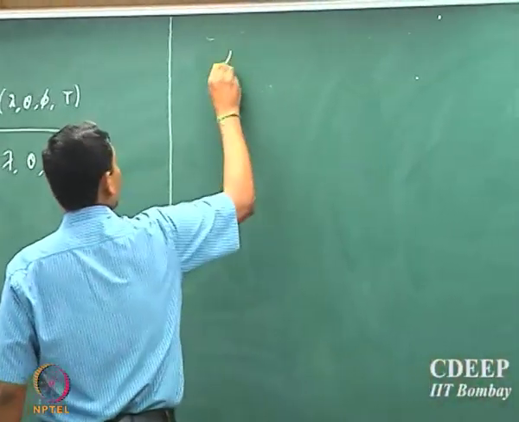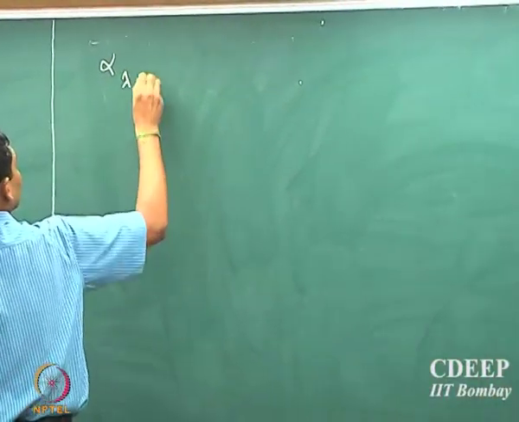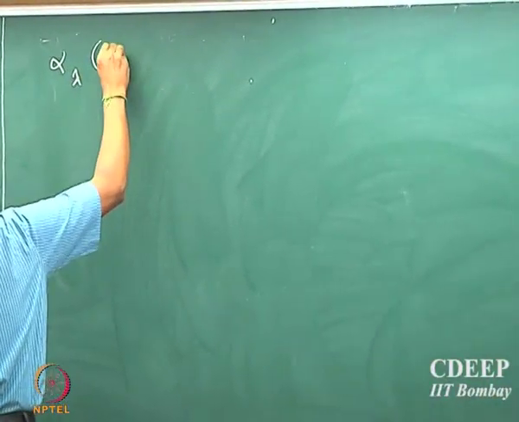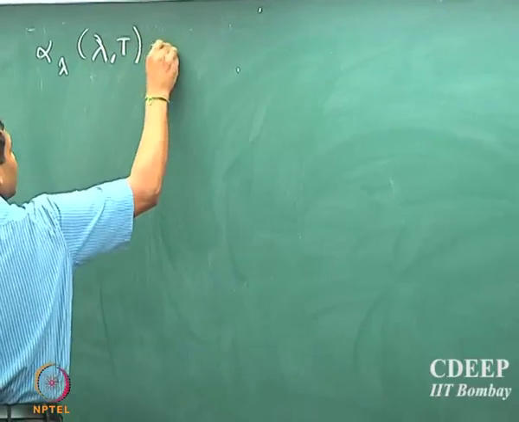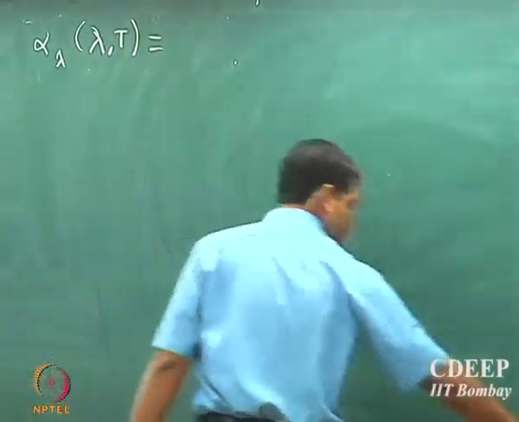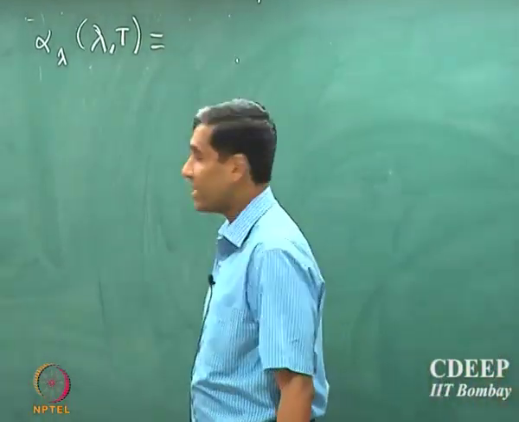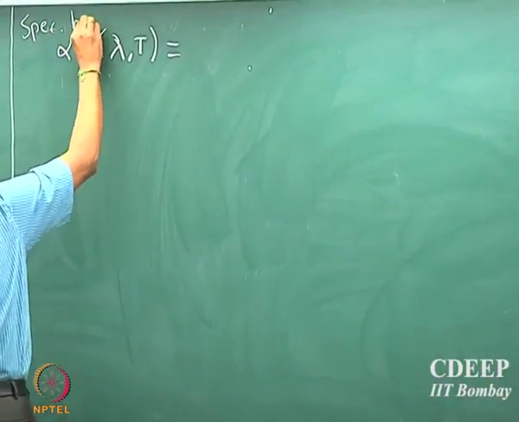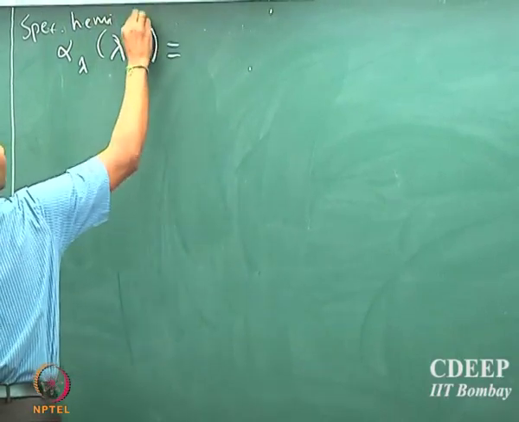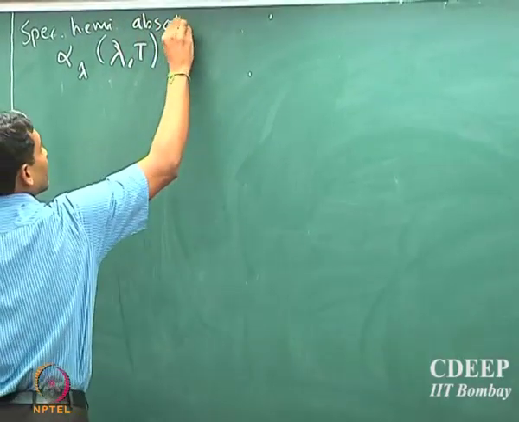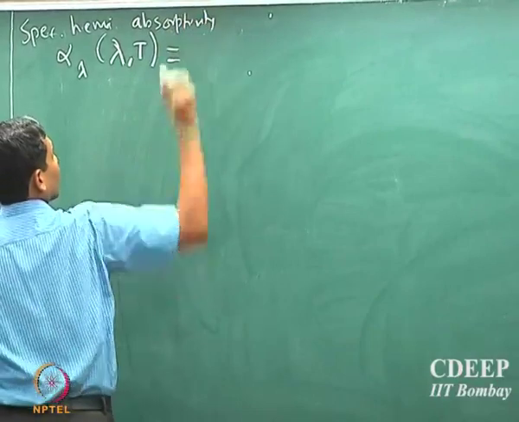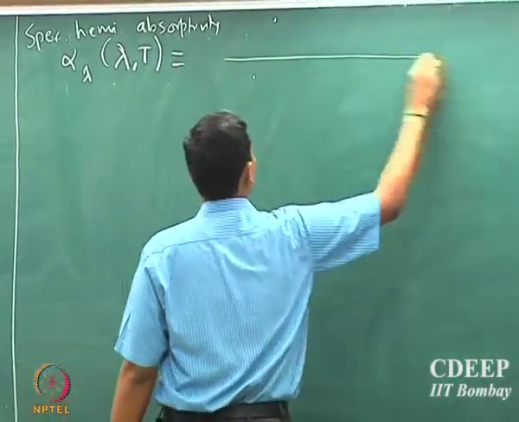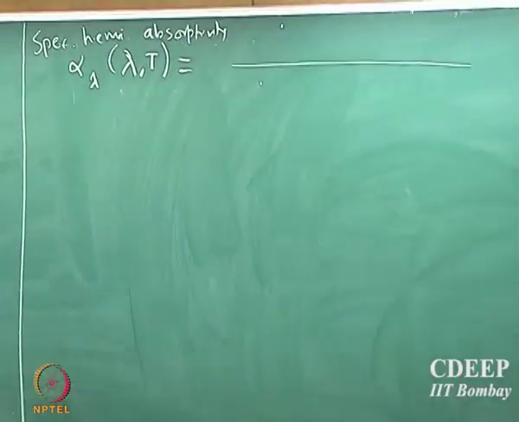So we can define quantities called the spectral hemispherical absorptivity. And that's defined as, what is it? What will be the definition?